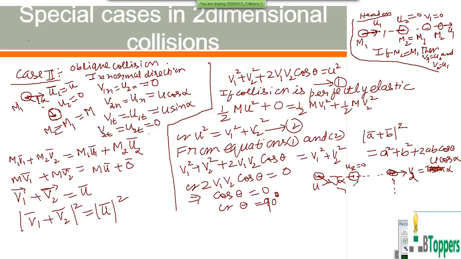The final velocity of the first sphere after collision will be equal to its initial velocity in the tangential direction, that is u sin alpha. That means after the collision, the first sphere moves with velocity of magnitude u sin alpha in the direction tangential to the two spheres at the point of contact at the time of collision. And the second sphere moves in the normal direction with velocity of magnitude u cos alpha. That means after collision, the two spheres move in mutually perpendicular directions.